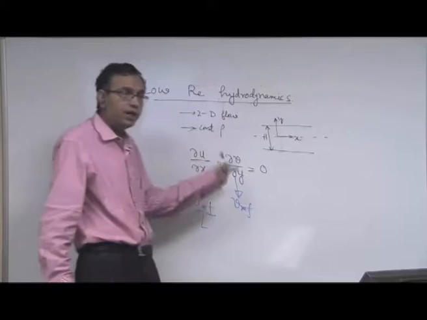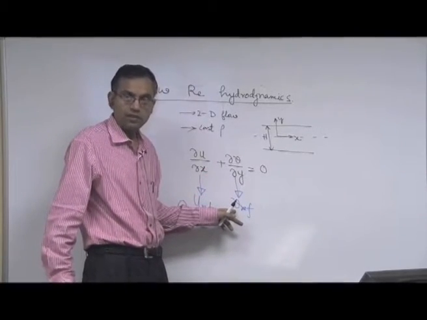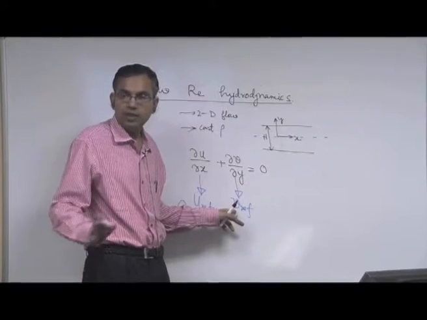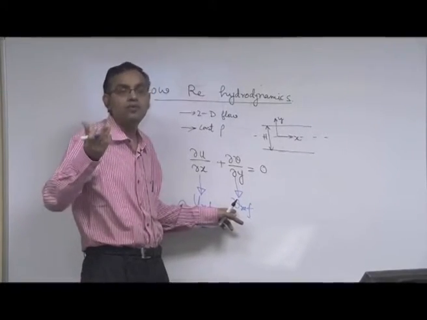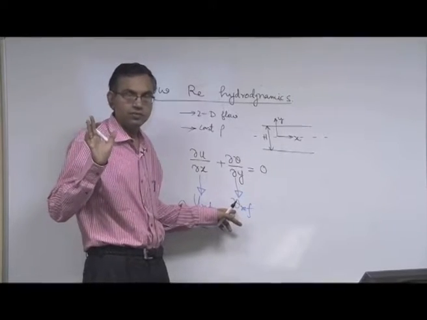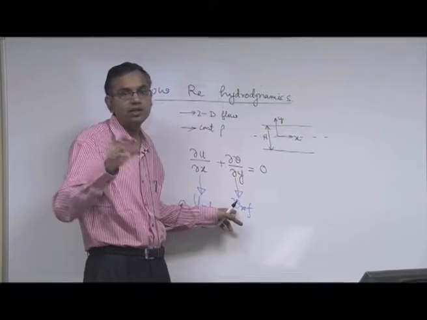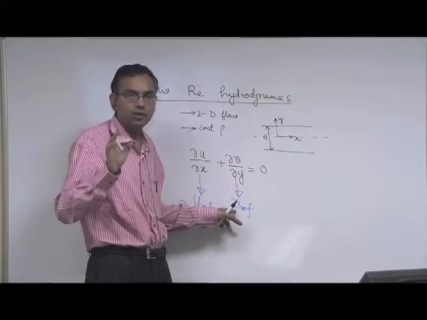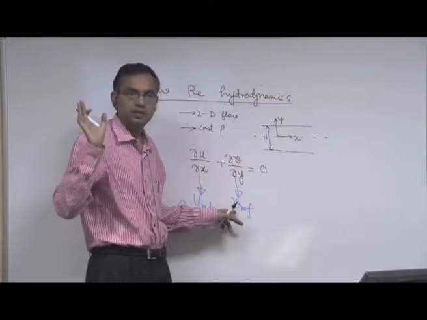See, it is not fully developed flow, so V is not identically 0, right. We are now trying to generalize things beyond fully developed flow, but low Reynolds number flow. The fully developed concept, it does not matter whether it is low Reynolds number or high Reynolds number or whatever, because the inertia term gets dropped out identically.